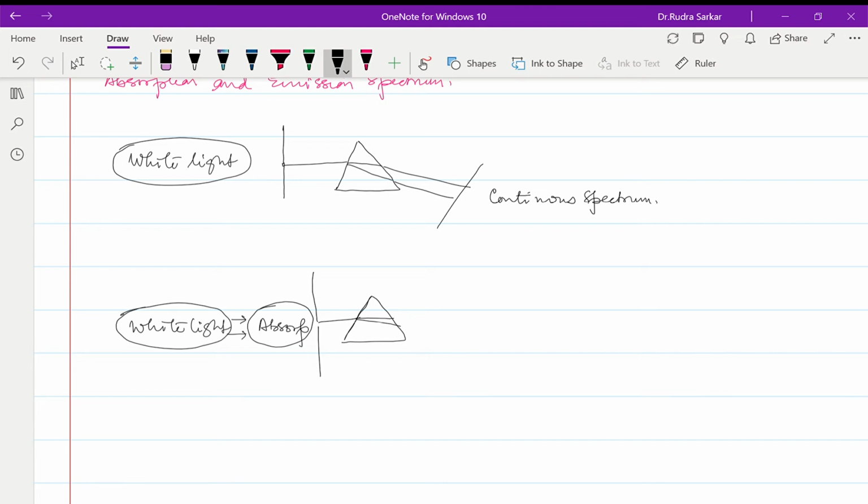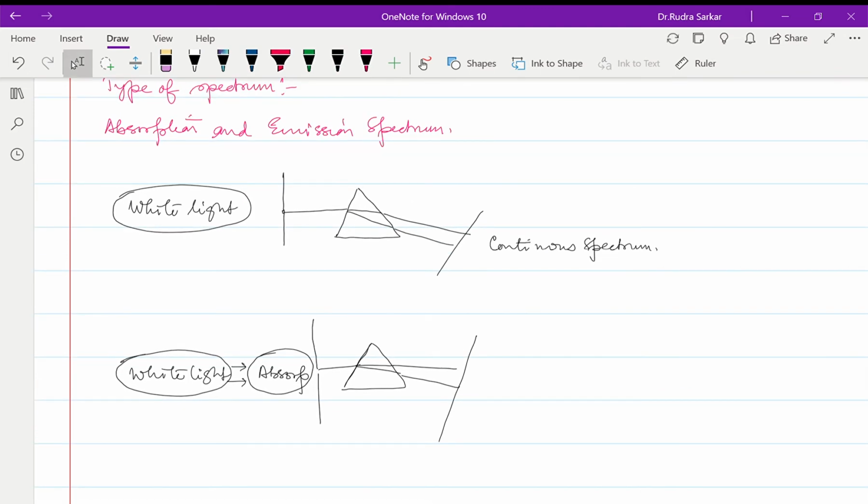And again if you see the screen over here, suppose you are getting all the colors, V, I, B, G, Y, O, R, the entire colors that you see in a rainbow.